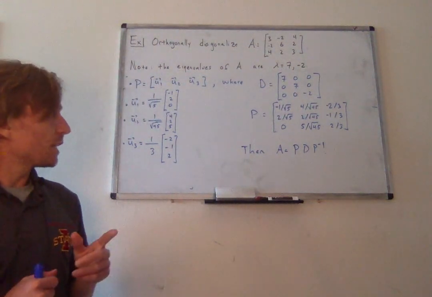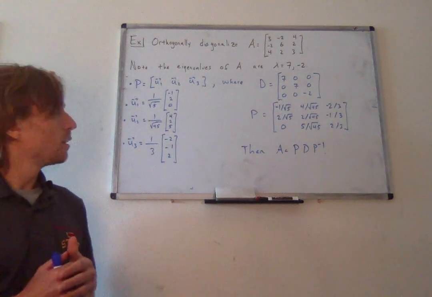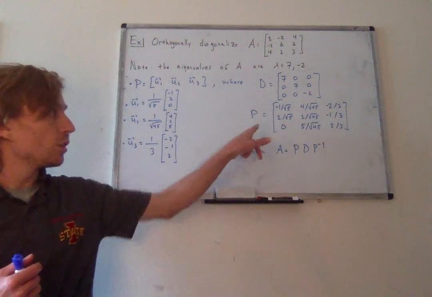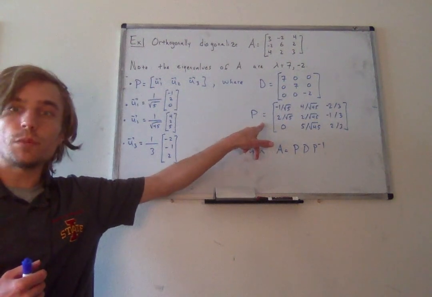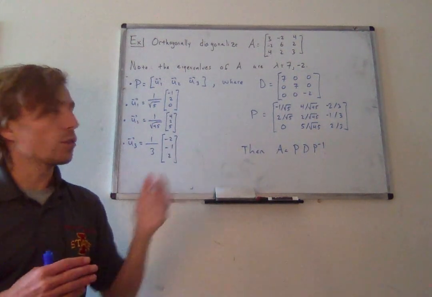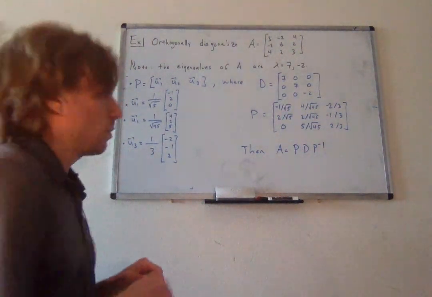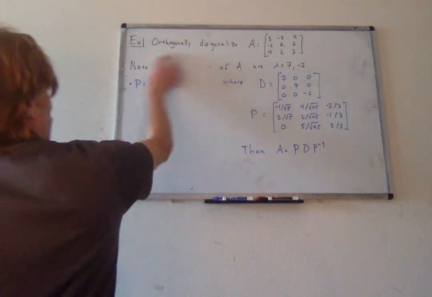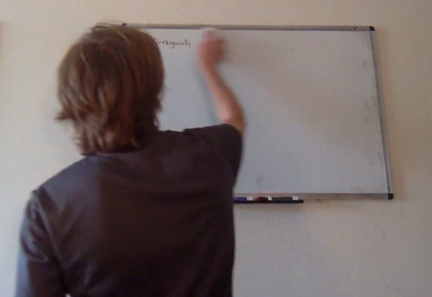So I think what's interesting about this is that this doesn't have to be unique. Specifically, the way we applied the Gram-Schmidt process could have been done in any order. So this matrix P isn't actually the only matrix that could potentially be orthogonally diagonalizing A. So this gives way to theorem 3 in your book, which is called the spectral decomposition theorem for matrices, I think for symmetric matrices.